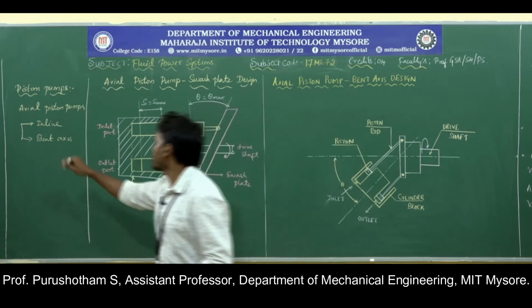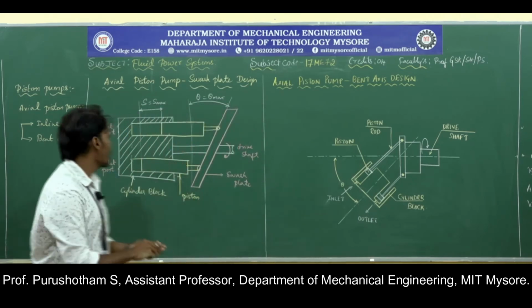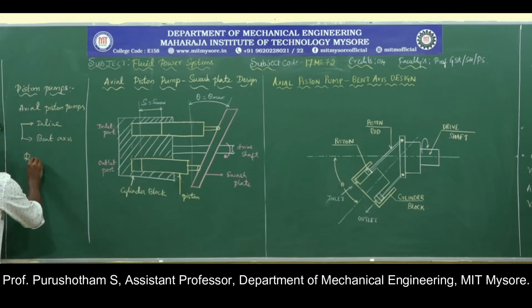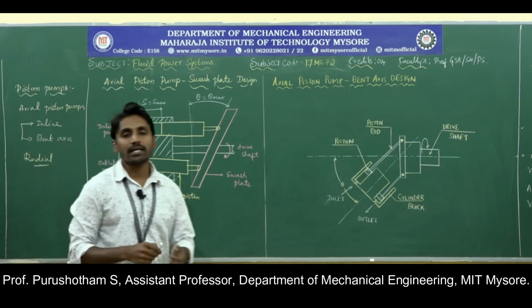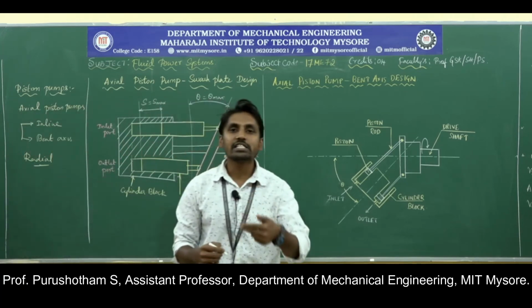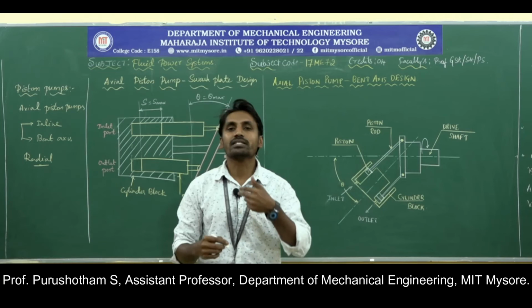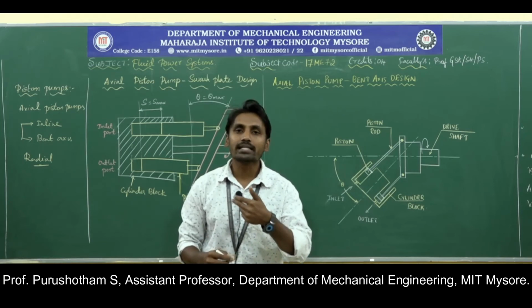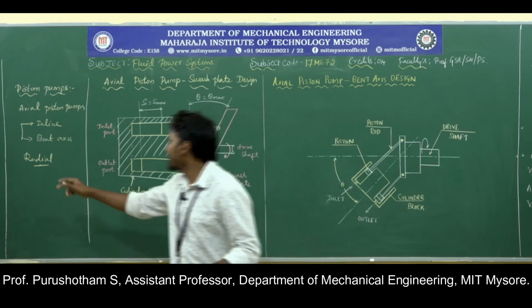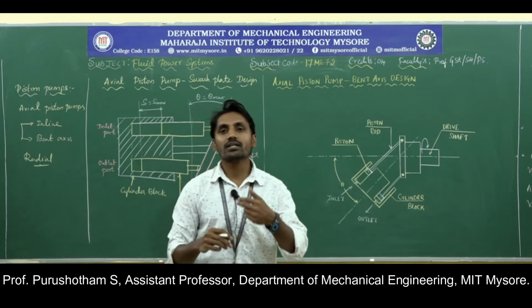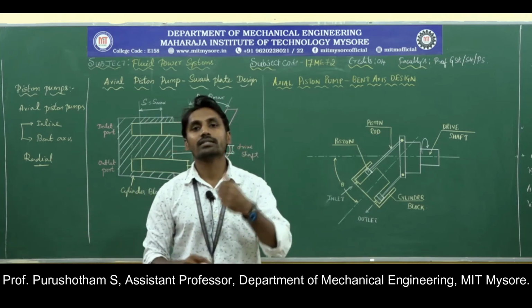In piston pumps we can see axial piston pumps as well as radial piston pumps. Axial piston pumps means the pistons are arranged parallel to the axis of the cylinder block. In radial piston pumps, the pistons are radially arranged on the cylinder block.